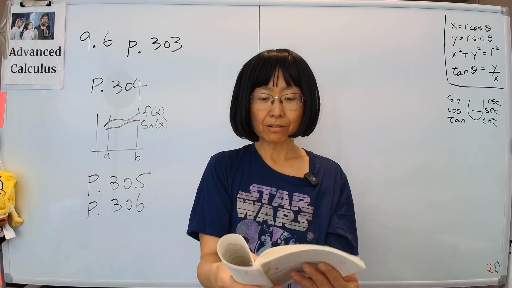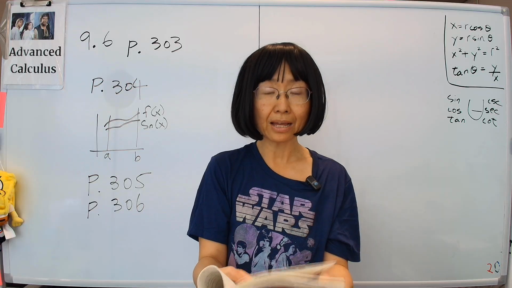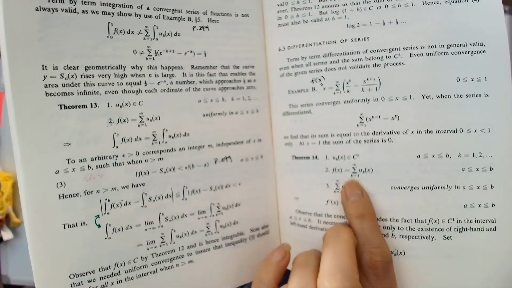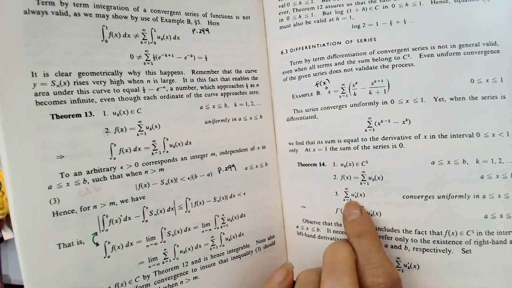And also, understand that hypothesis 3 does not imply hypothesis 2, okay? Just because your sum of u_k'(x) is convergent does not necessarily mean that the sum of u_k(x) is convergent. That's because you're taking the derivative.